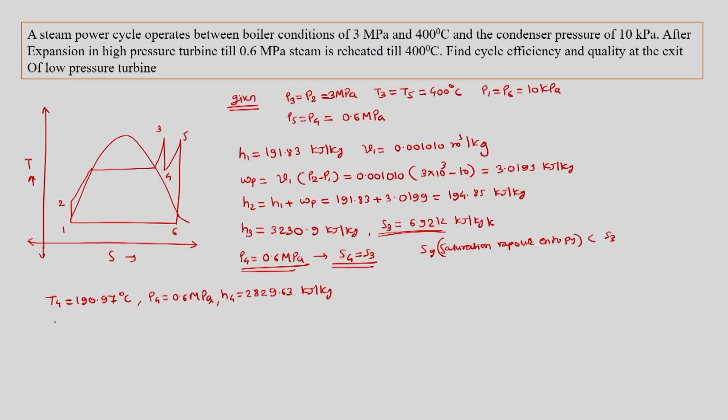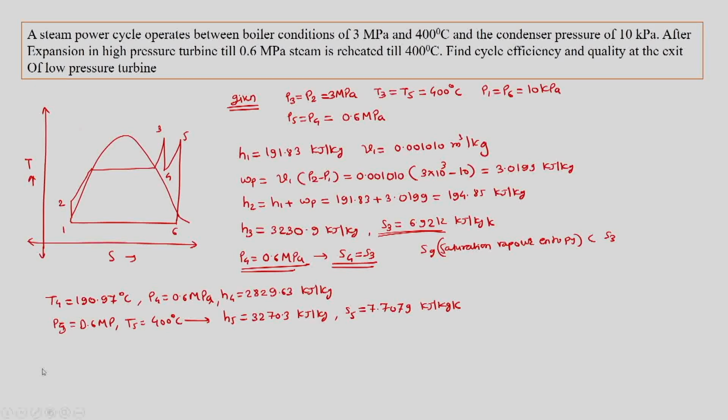Now we go to P5 as 0.6 megapascal and T5 as 400 degrees Celsius, and find H5, which gives 3270.3 kilojoule per kg. At the same time we note down S5, which is 7.7079 kilojoule per kg Kelvin.